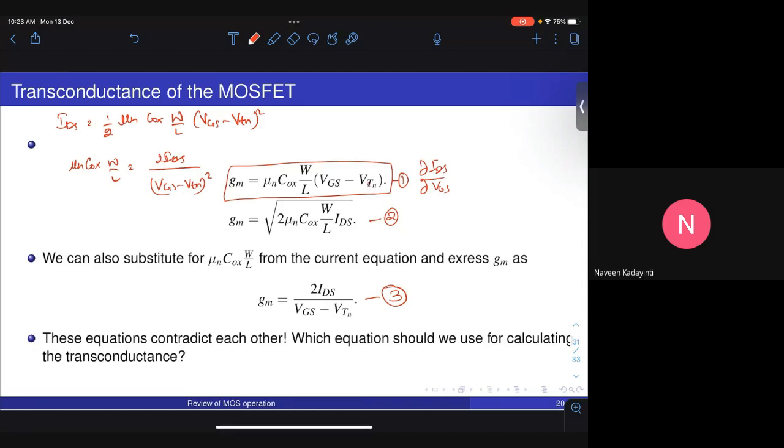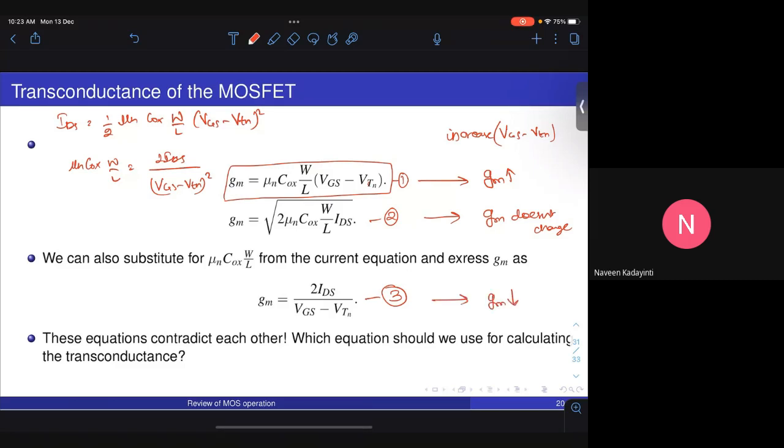Equation 1 tells us that if you increase VGS minus VT, the GM will increase. Equation 2 tells me that GM doesn't change. And equation 3 tells me that GM actually reduces. So which one is correct?